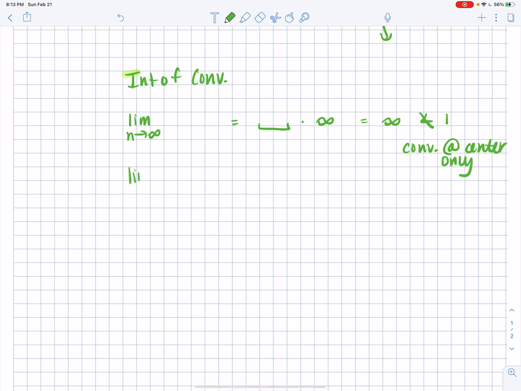If your limit as n approaches infinity gives you something times 0, 0 is always less than 1, this is going to converge everywhere.